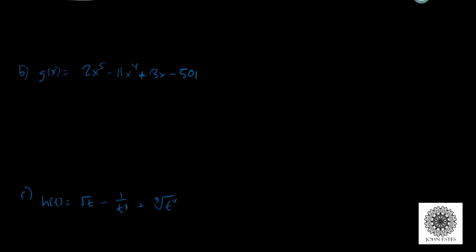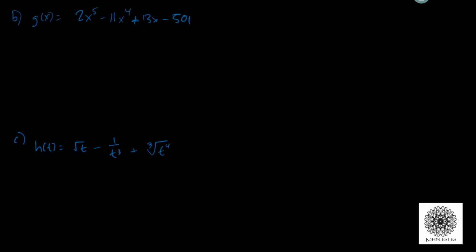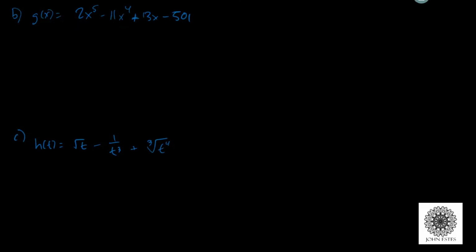Okay, now for another one. This time I have g of x equals 2x to the fifth minus 11x to the fourth plus 13x minus 501, and we just do the same thing. So here I have g prime of x equals, and I'm just going to have to do the power rule, power rule, power rule, and then here I have a constant, so that's going to be 5 times 2, and remember the constants in the front don't really affect the derivative.